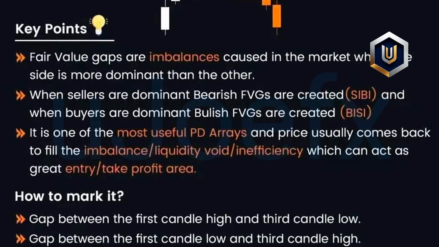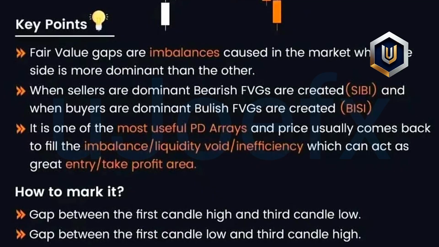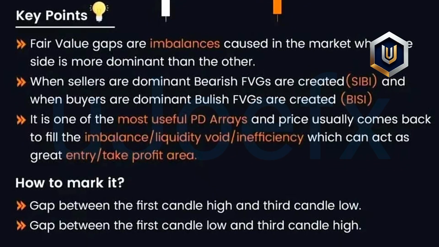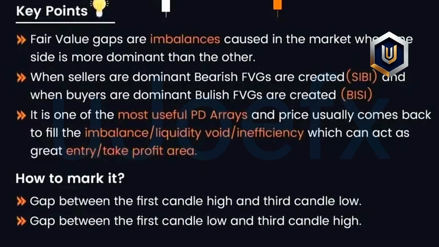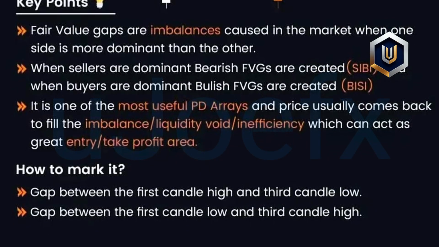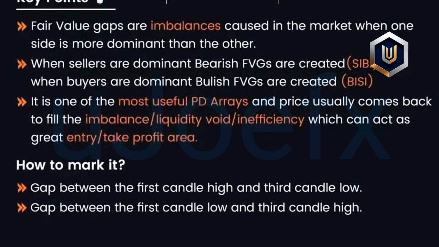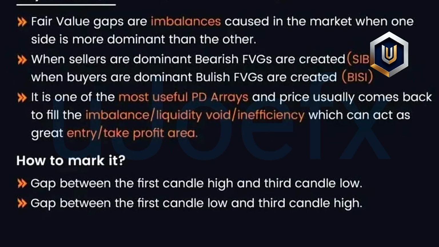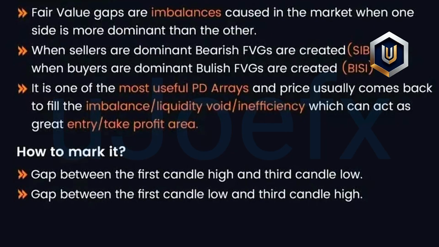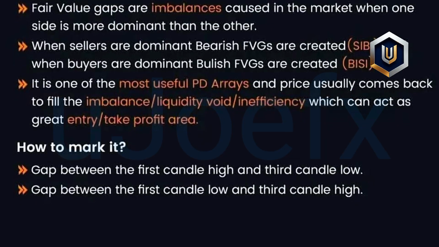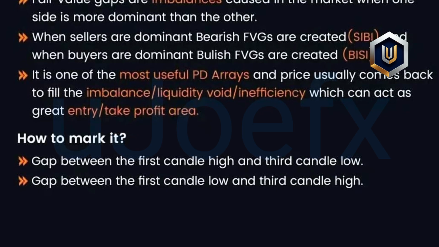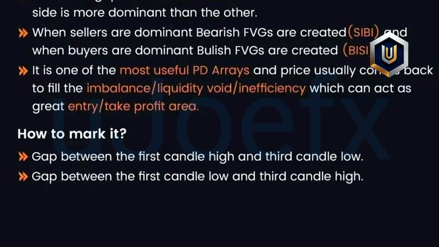We also know that price action comes back to all of this area to correct all of those imbalances, liquidity voids, inefficiencies, and then tends to push towards that area of bias. That in itself becomes a very valid point of entry or area of interest you might want to consider in that particular trading experience.